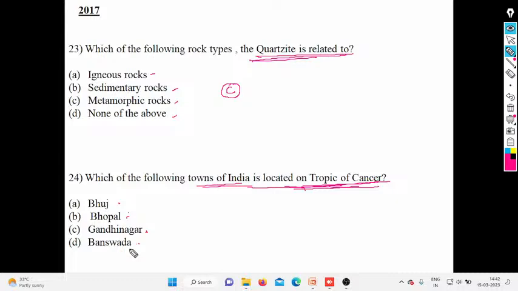These are very closely located towns of India, particularly.